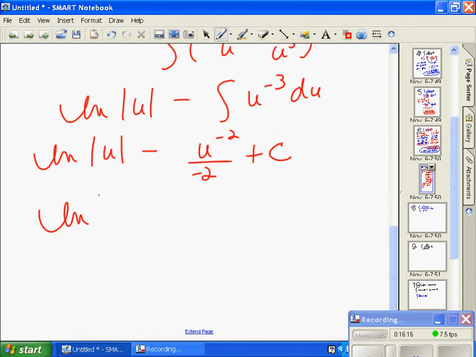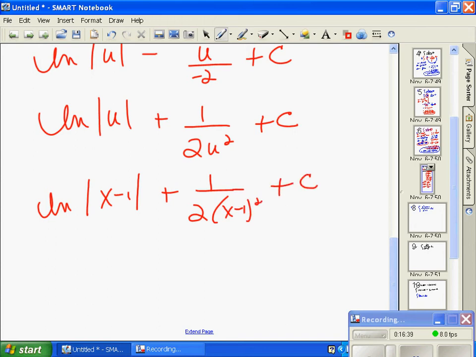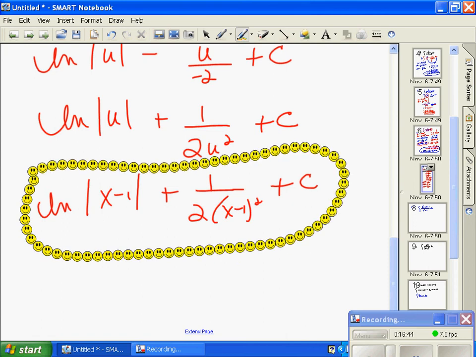So I have the natural log of the absolute value of u plus 1 over 2u squared plus c. And then my last step is just substituting in for u. I get the natural log of the absolute value of x minus 1 plus 1 over 2 times the quantity x minus 1 squared plus c. There it is.